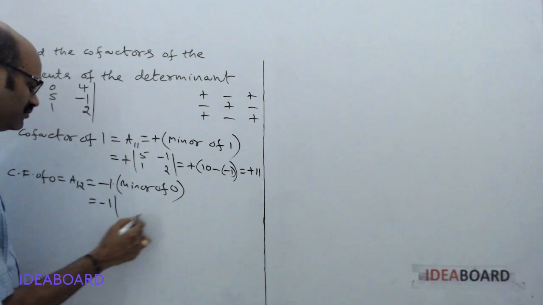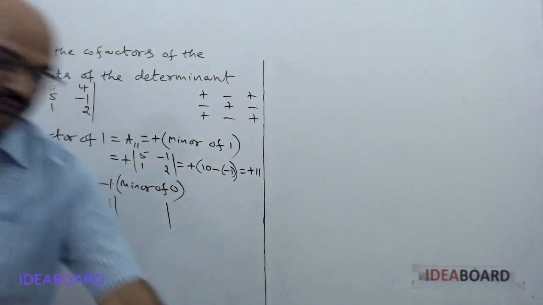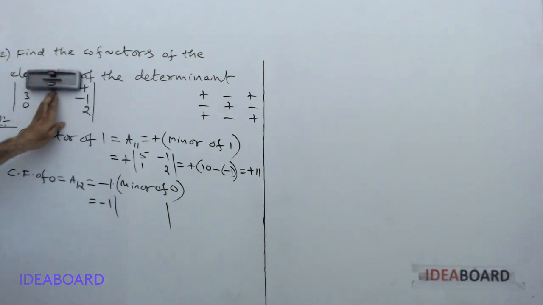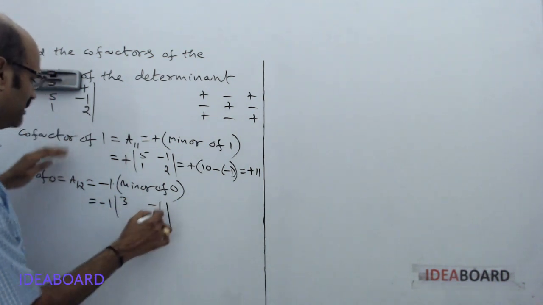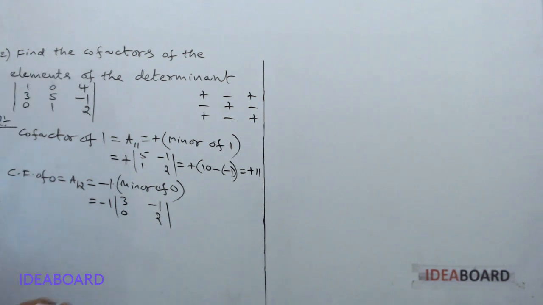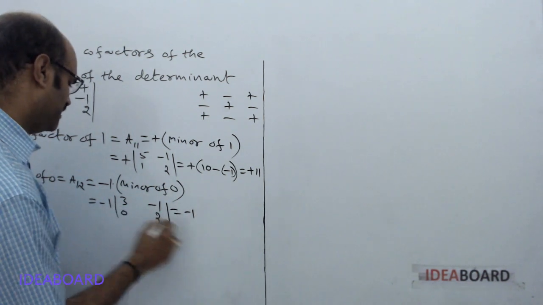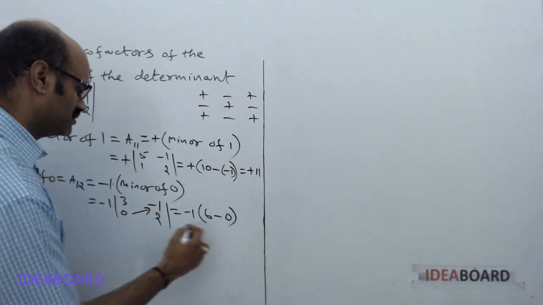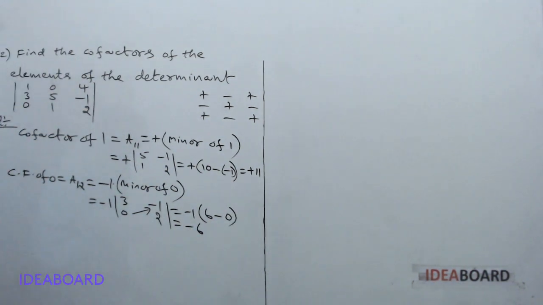So minor of 0 equal to determinant of, remove first row and second column. So the remaining elements are determinant of 3, minus 1, 0, 2. So equal to minus 1 into 6 minus 0 into minus 1, 0. So equal to minus 6.